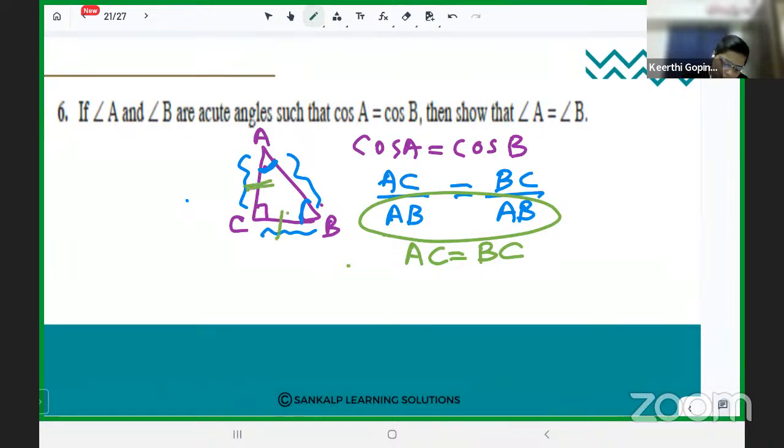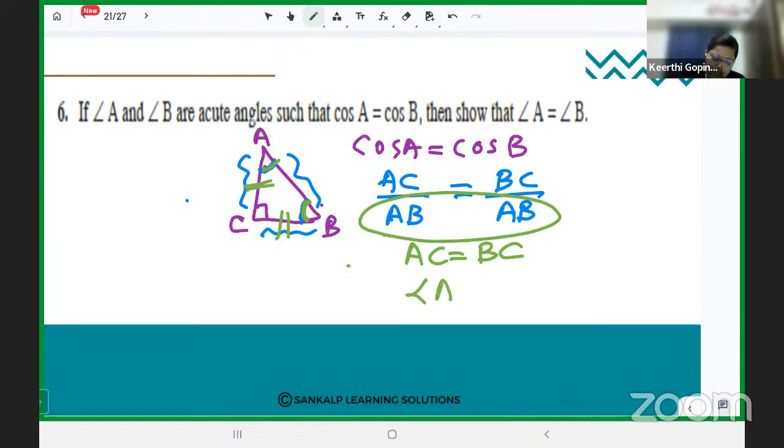AC equal to BC means these two sides are equal. In triangle ABC, these two sides are equal. If two sides are equal, what is that triangle called? It is an isosceles right angle triangle. In an isosceles triangle, the base angles formed by equal sides will be equal.